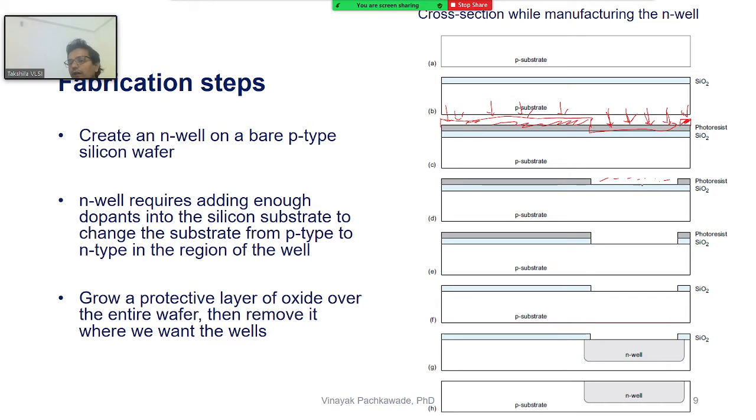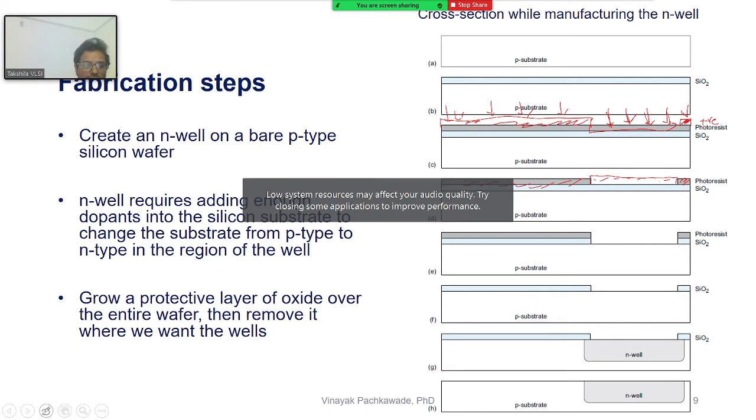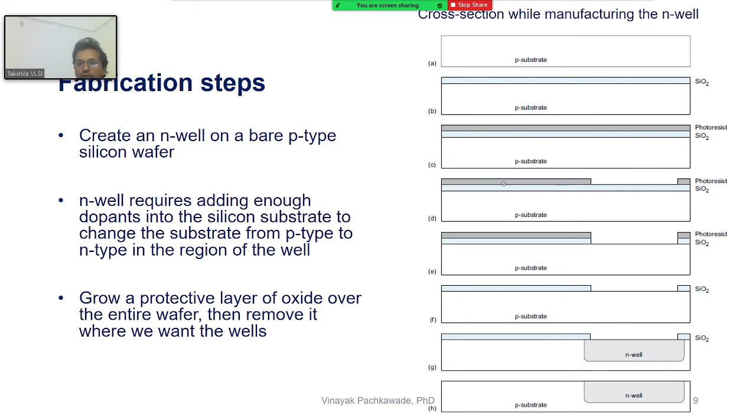We call that a positive photoresist, because that's what we understood. A negative photoresist will be the opposite of that. If it were a negative photoresist, the photoresist will remain here, and in the rest of the area the photoresist will go away. So just try to understand which photoresist we are using.